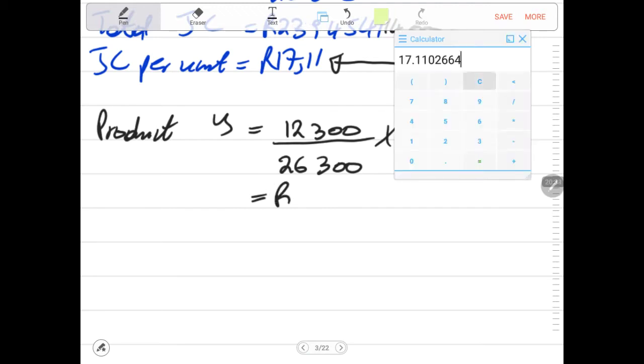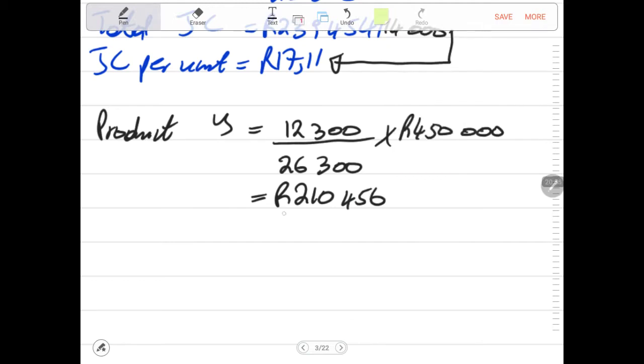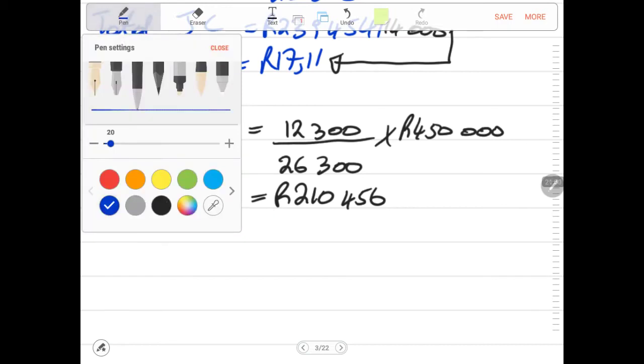Then now we say 12,300 divide this by 26,300, multiply this by 450,000, we get 210,456. So now this is our joint cost that has been allocated.